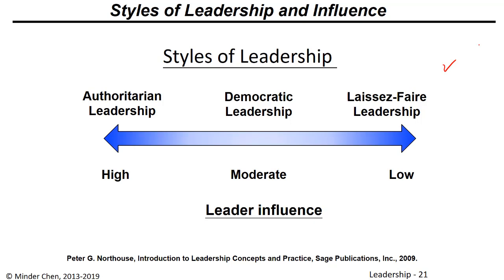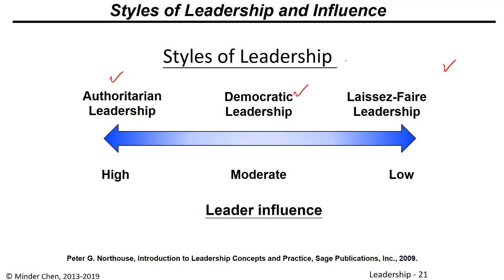one classification of leadership style. There are three types of leadership style. One is authoritarian leadership on one extreme at the left. The other is laissez-faire leadership, which is basically where the leader doesn't do much.